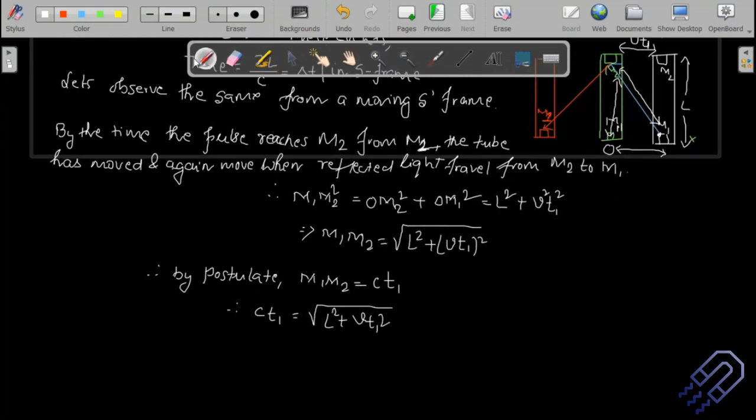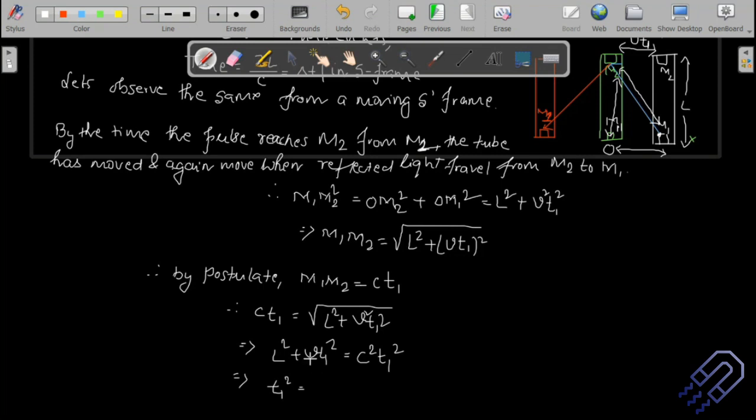We have to do some more steps here. Let me take it on this side: L square plus v square t1 square is equal to c square t1 square. Interested in time, so I'll take t1 square on one side, taking it common with the v square.